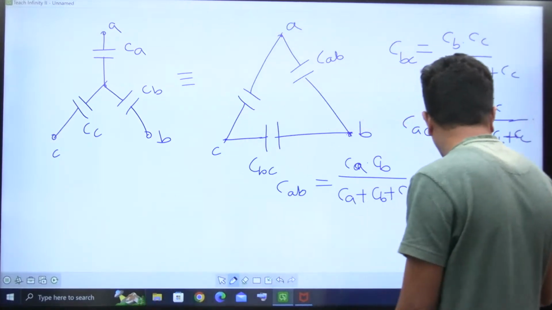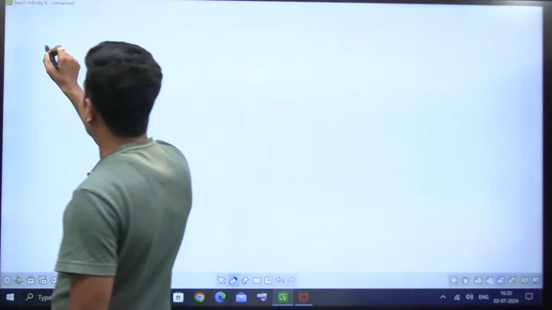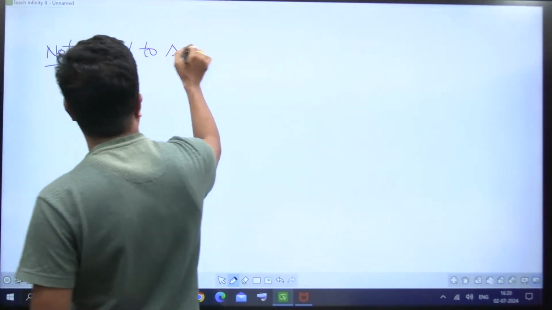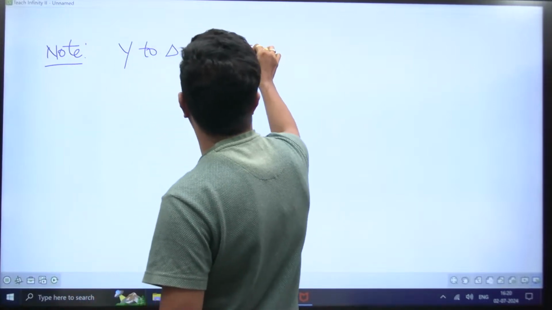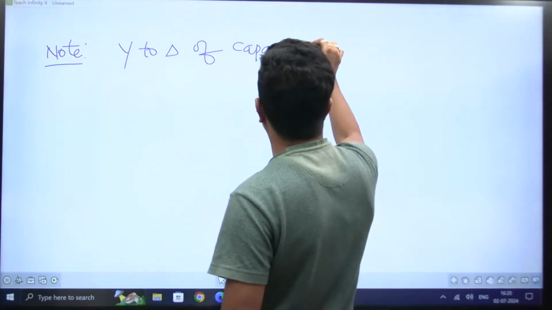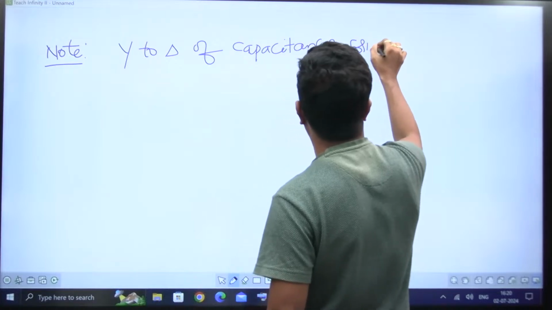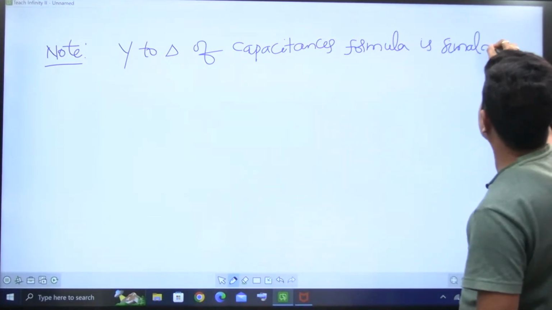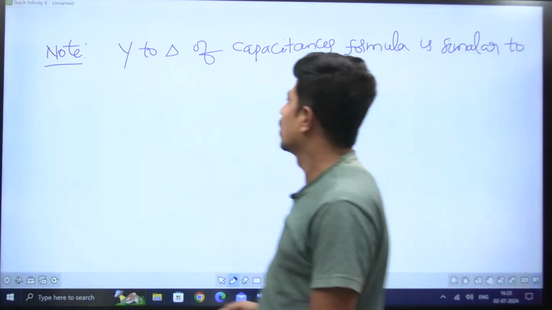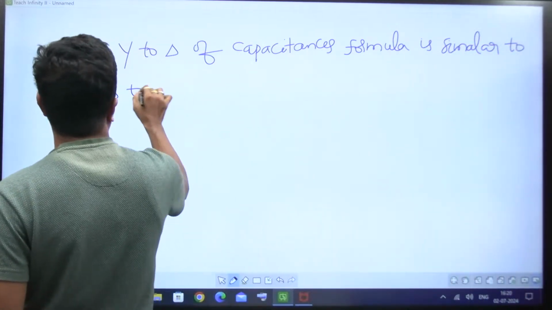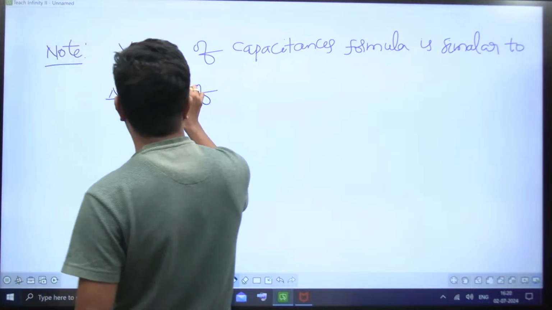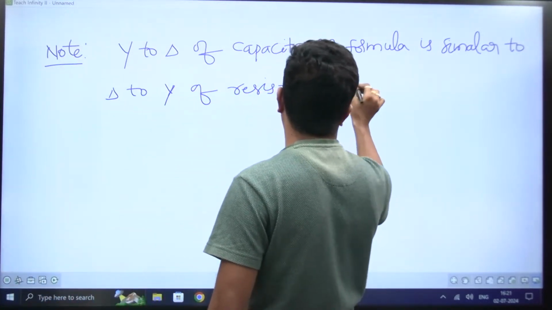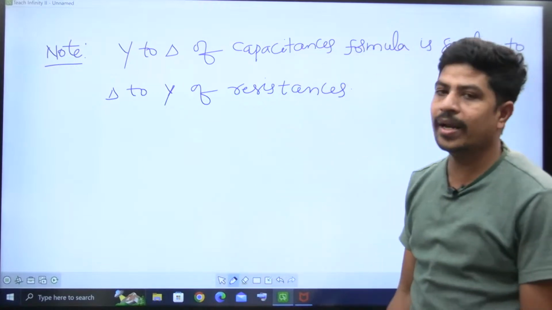So that note point also I'll write: note, star to delta of capacitances formula is similar to delta to star of resistances, and vice versa.